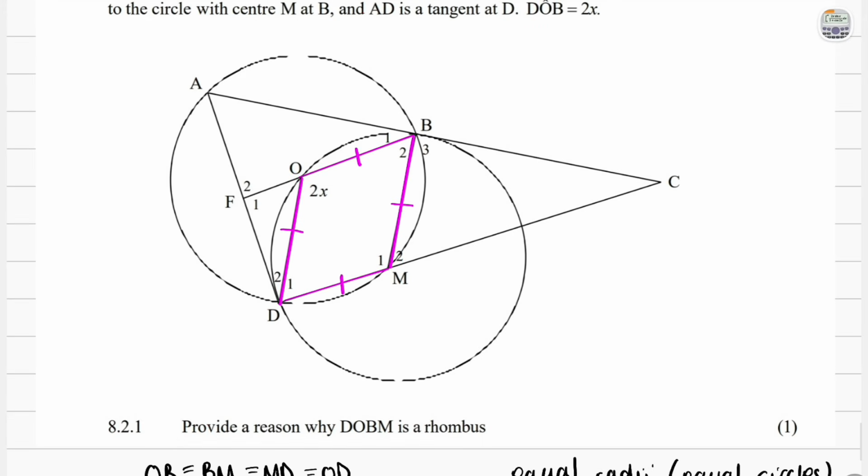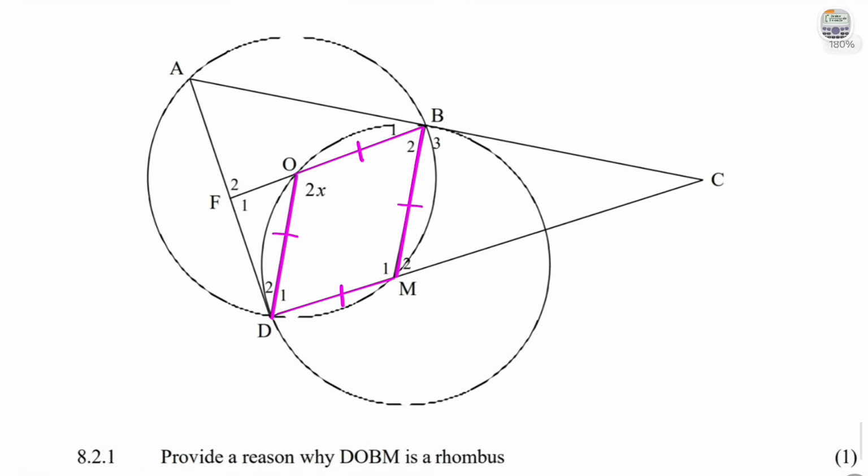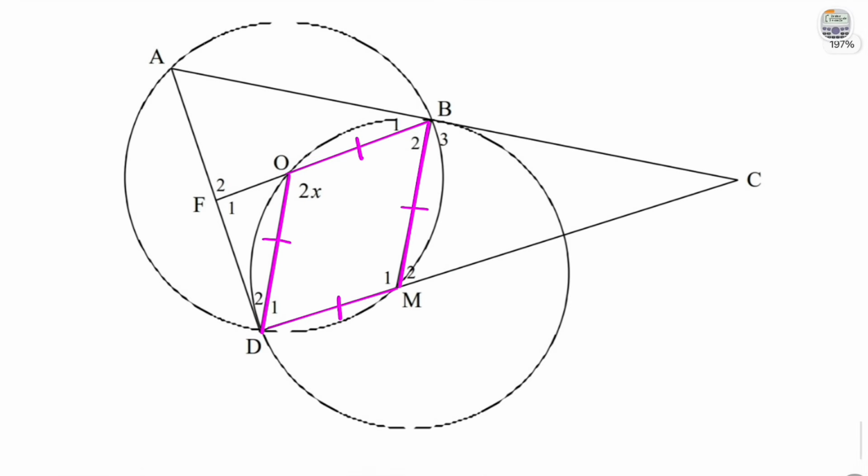If you know that this is a parallelogram, to further prove that it's a rhombus, you can show that one pair of adjacent sides are equal, then it is a rhombus. The second way to prove this after proving it's a parallelogram is that the diagonals of a rhombus bisect at 90 degrees. We can just use this one because we can clearly see that.